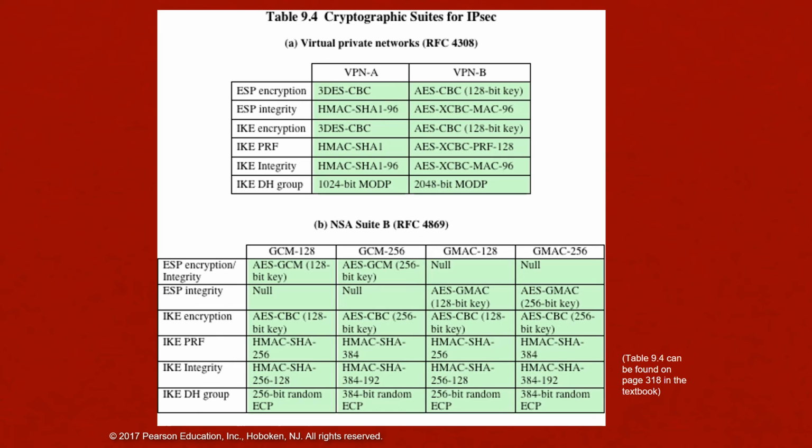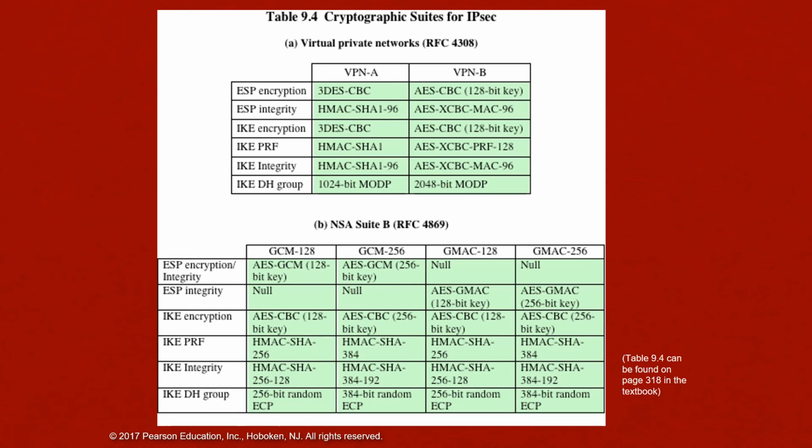Suite VPN-B provides stronger security and is recommended for new VPNs that implement IPsec version 3 and IKE version 2. The table lists the algorithms and parameters for the two suites.